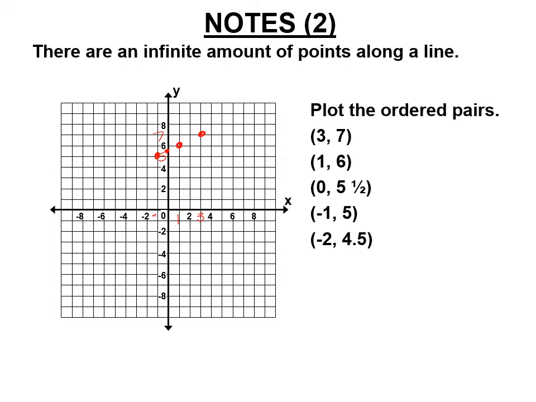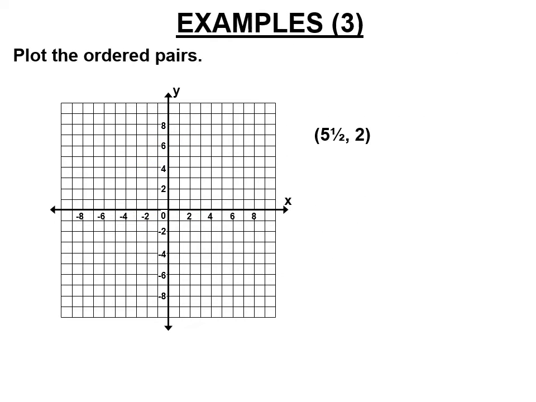X is -2, y is 4.5. Well, where is 4.5? Well, 0.5 is a half, so it's -2, 4.5, halfway between 4 and 5. X is -3, y is 4. Notice they are all along a line. So there are other points with fractions and decimals along the line.